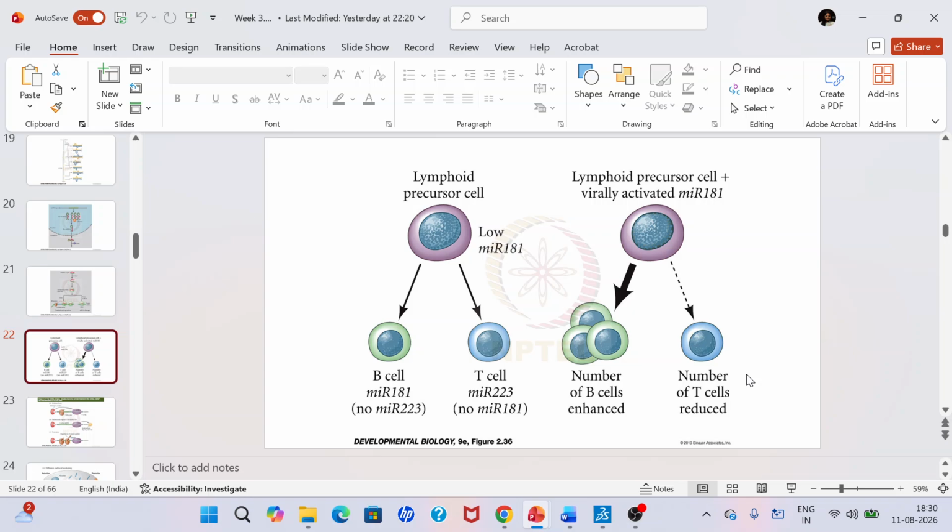So in absence of this, the basal level of B cells and T cells were being formed, but in presence of this, the number of T cells is reduced and the number of B cells is enhanced. So it is a kind of a repressor miRNA basically, because it is a microRNA and it has the function of repression only. So this is an example of how miRNA works.